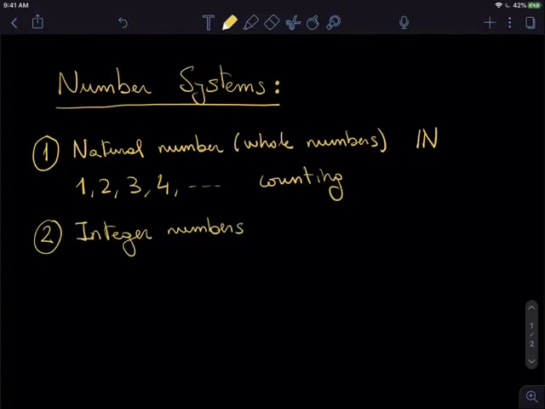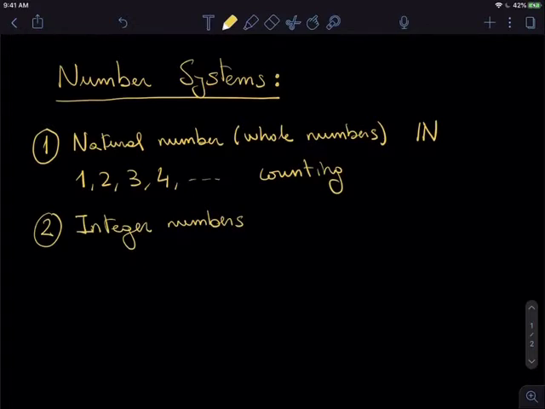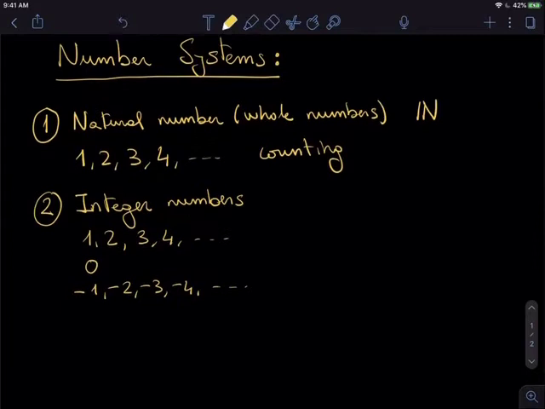These are the same numbers we already have, the positive natural numbers, then we add the 0, and then we add the negatives of all the whole numbers.